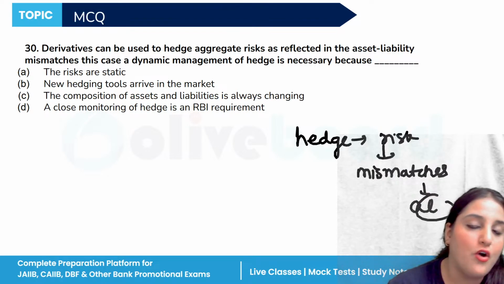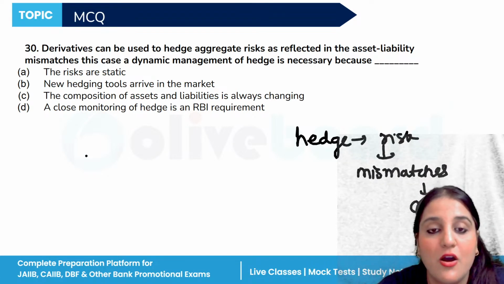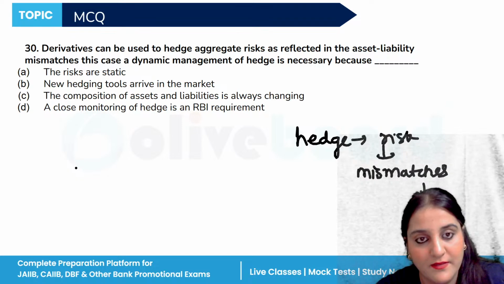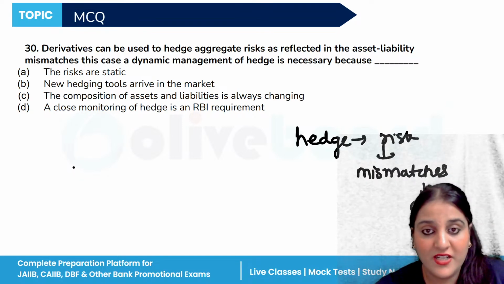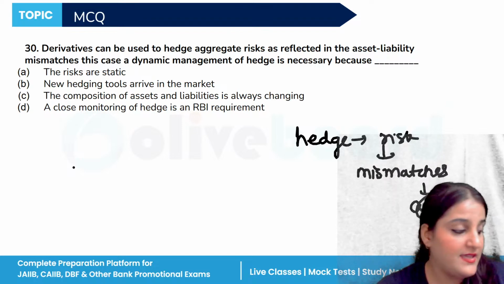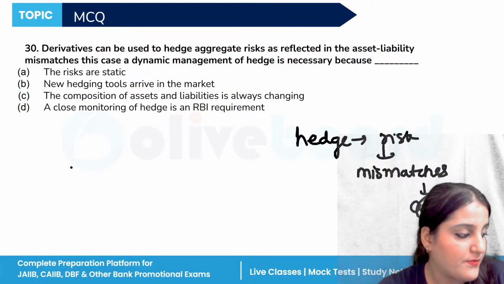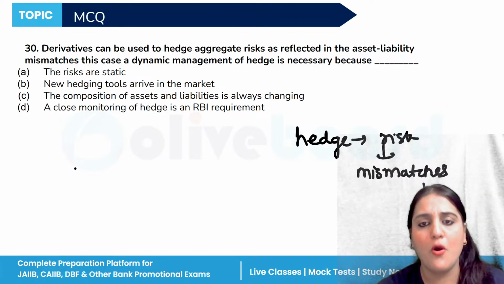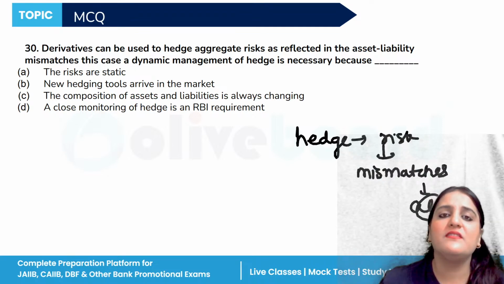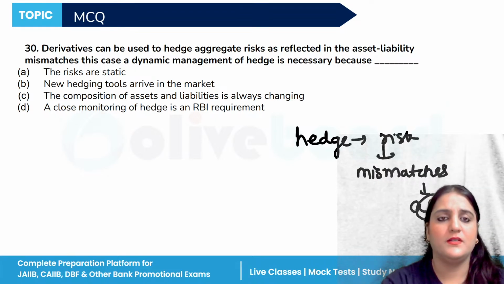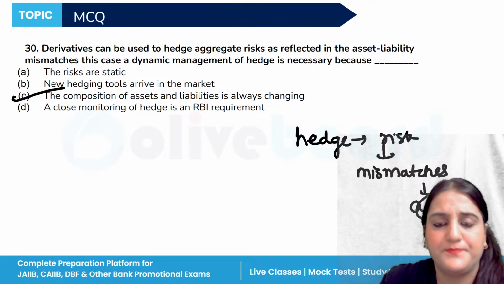It also includes changing the composition of assets and liabilities. Derivatives can be used here basically when the composition of assets and liabilities is always changing. Option C is correct here.